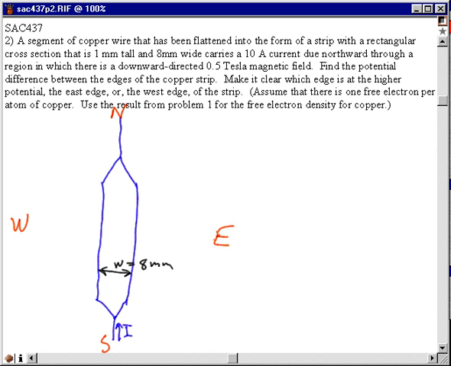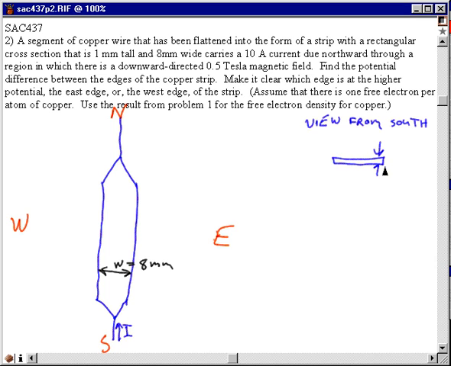If I look at the strip from, say, the south view, from south, I can see it in cross section.